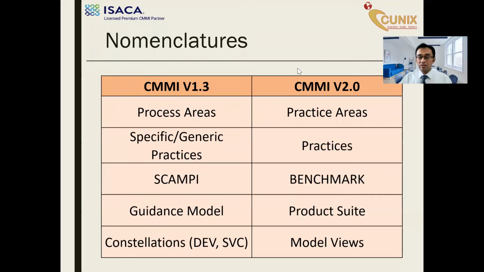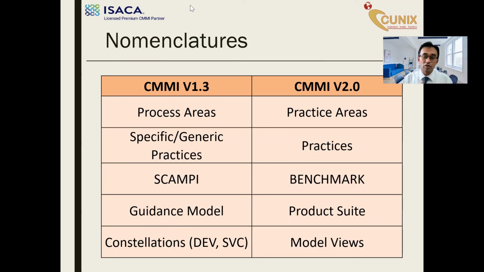Now, another difference was specific and generic practices. Those of you who have implemented CMMI previously must know that we used to call them SPs and GPs. So now that part is gone. All you have is practices. There's no specific, no generic, just plain practices.